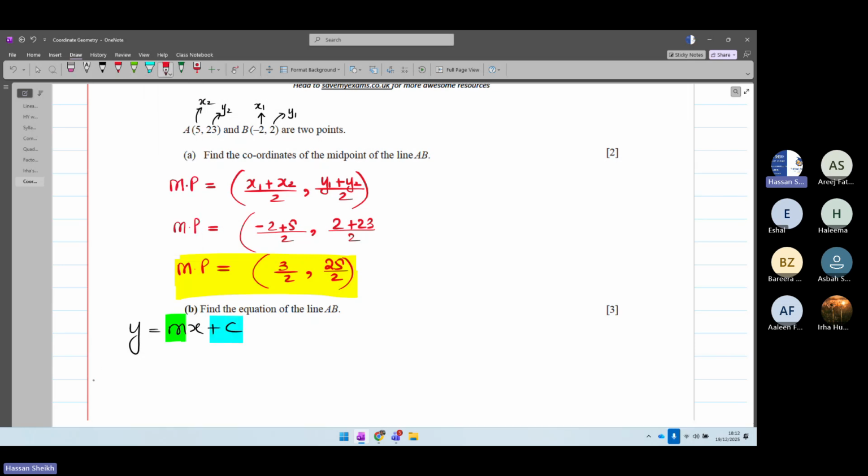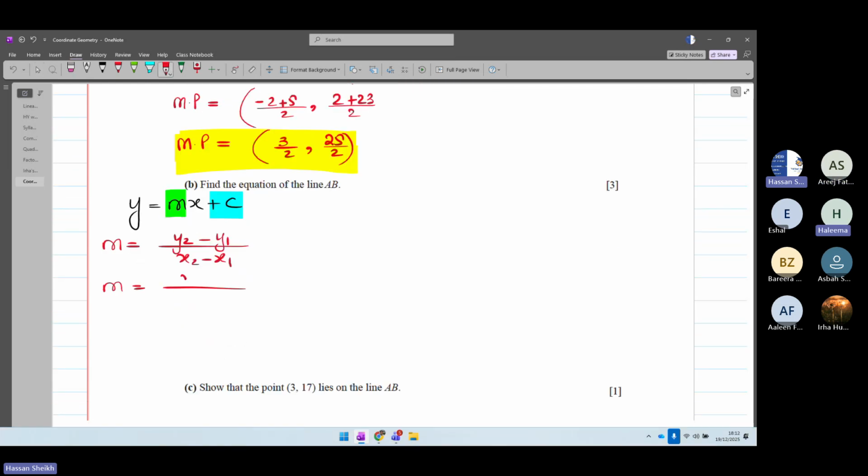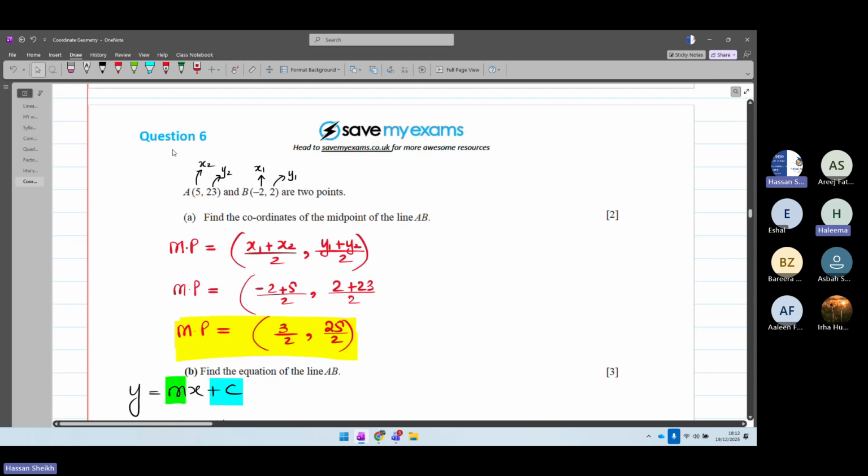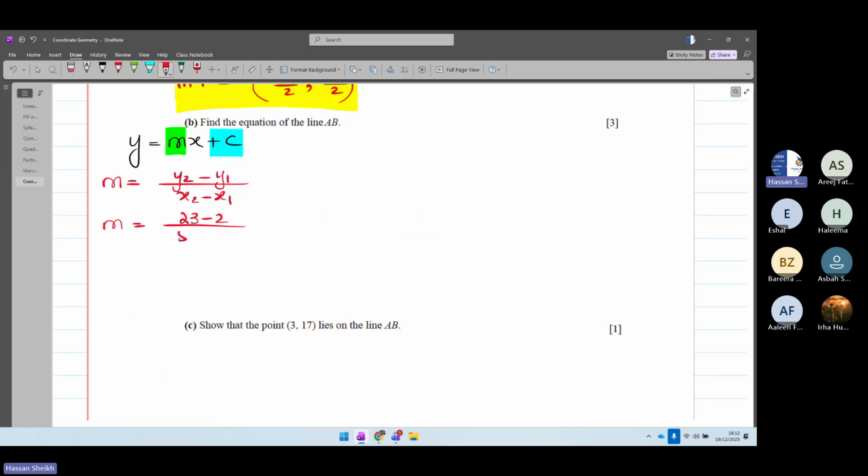To find the slope, which formula do we use? m equals y2 minus y1 over x2 minus x1. y2 is 23 and y1 is 2, so 23 minus 2. x2 is 5 and x1 is minus 2, so 5 minus minus 2, because this minus is from the formula. Now m equals 23 minus 2 is 21, 21 over 7 is 3.